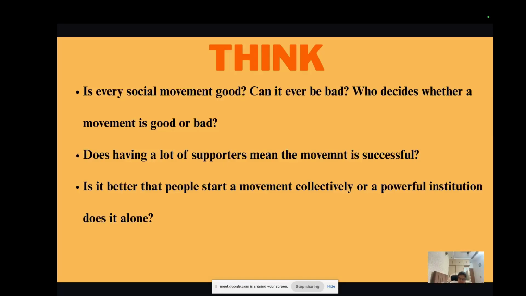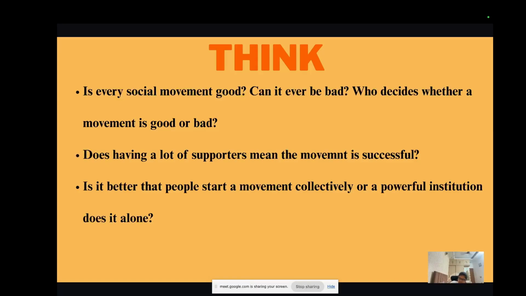Well, I think it depends on the cause of the movement. For example, if the movement is related to a common man's life, such as a voting movement, then I think people starting the movement may be better because it can spread easily and the common man understands it better, since the cause is literally about them.